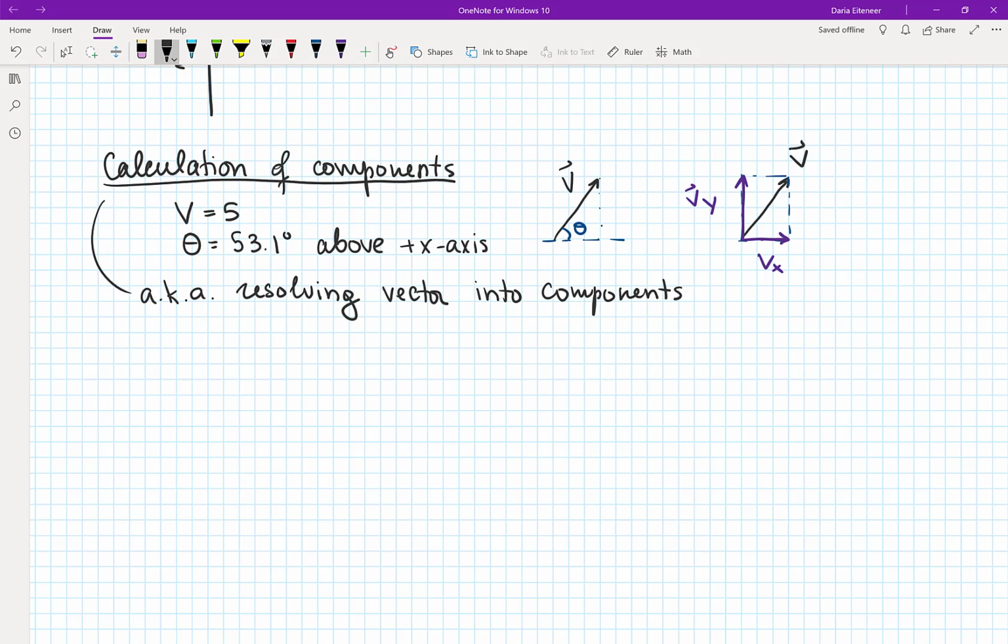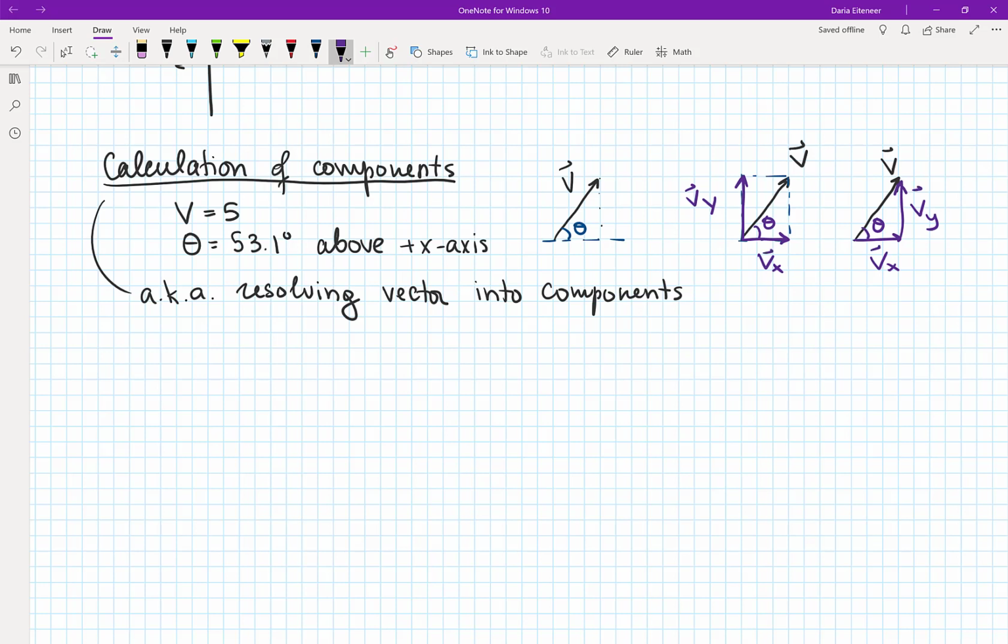So I can draw it as a triangle, like so. In both cases, this is theta. In both cases, the original vector is either the diagonal or the hypotenuse, right? So I can either draw it as a triangle or as a rectangle. That's entirely up to you.